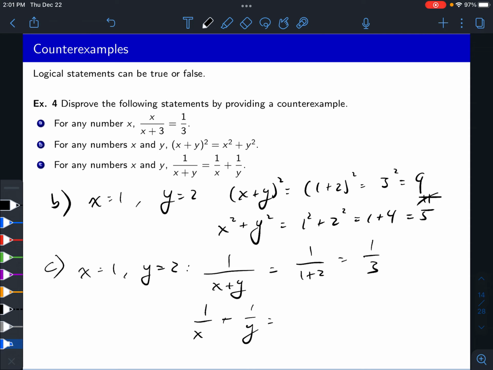That's just 1 over 3. 1 over 1 plus 1 over 2, that's equal to 1 plus a half. Or you could find a common denominator. This is like 2 over 2 plus 1 over 2, which is equal to 3 over 2. And these numbers right here are not equal. Okay, so x equals 1 and y equals 2 would be a counterexample.